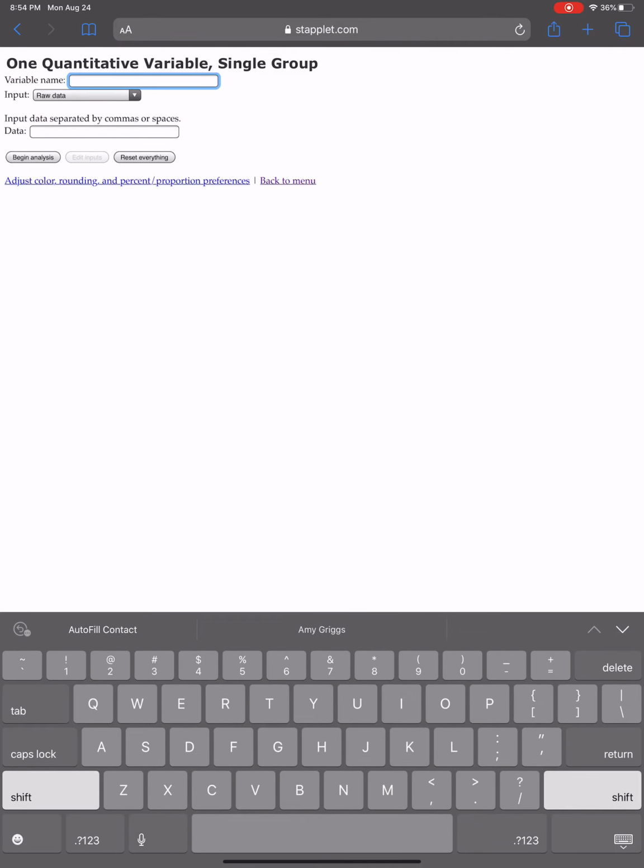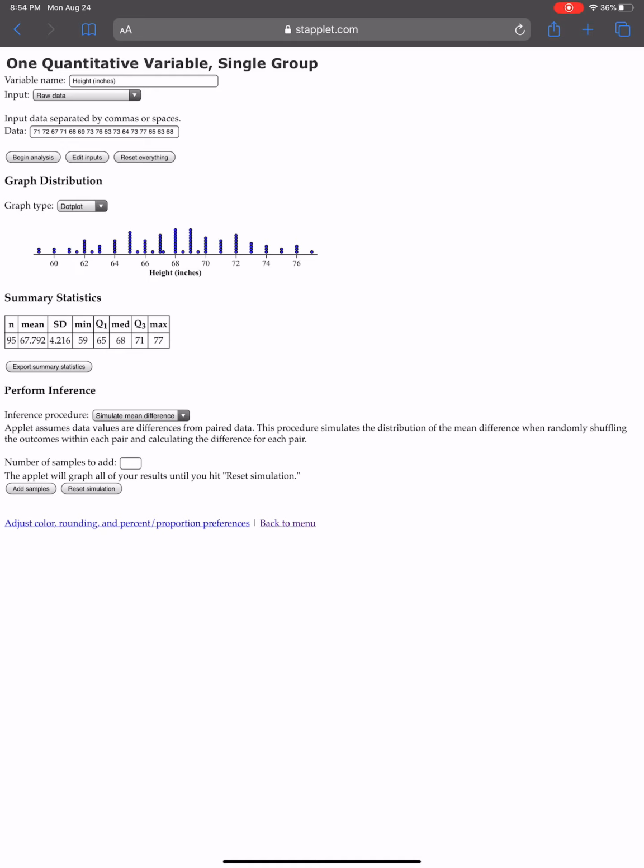So this is going to be height in inches. And we're just going to paste our values right there. Begin analysis. There we go.